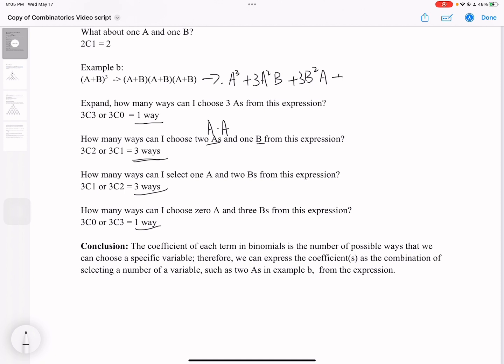And finally, because there's only one way for me to choose 3 b's in this expression, the coefficient before the term b cubed should just be 1. So we already finished the expansion without even multiplying out every term and collecting all of the like terms. That's really convenient, right?